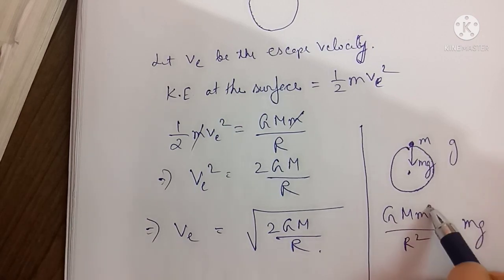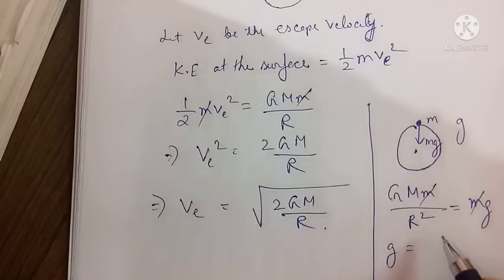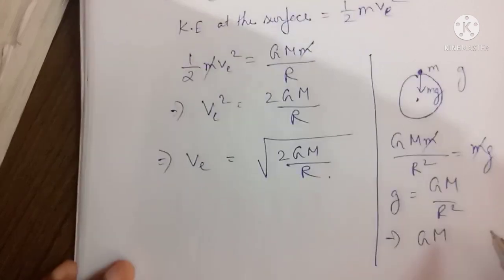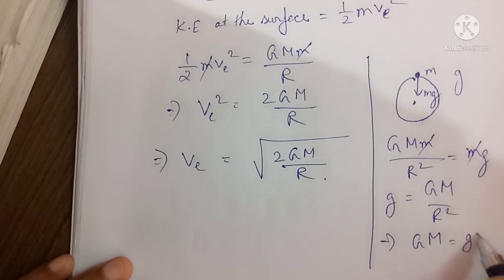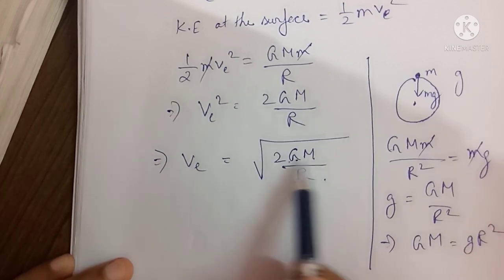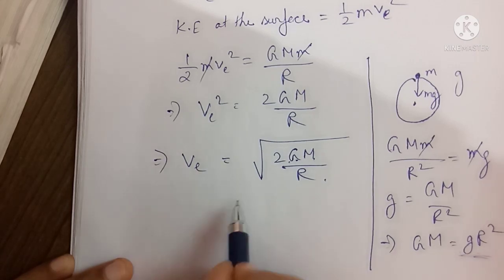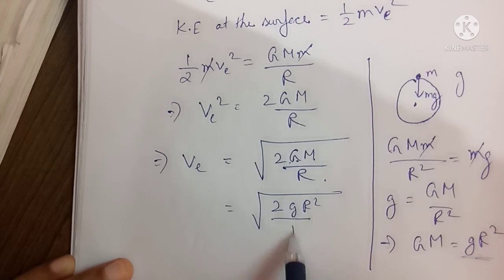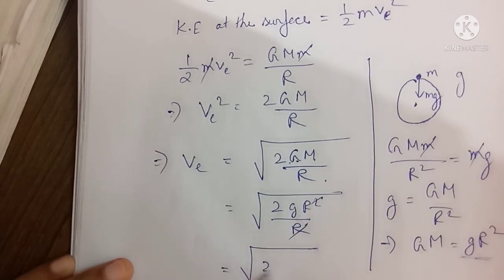So there we can cancel this m, and g will be GM by r square. So g is capital GM by r square, or capital GM is equal to g r square if we cross multiply. So here if we write g r square, we will get 2g r square by r. So one r will get cancelled, and we will get root 2gr, which is a constant for a given planet.